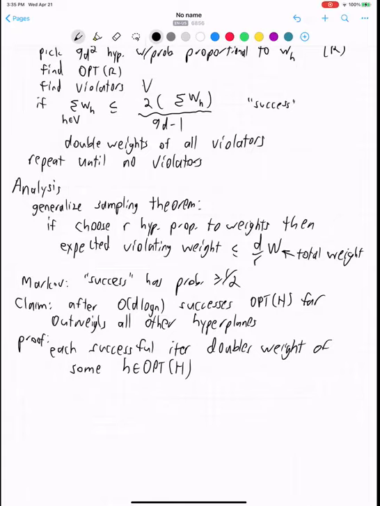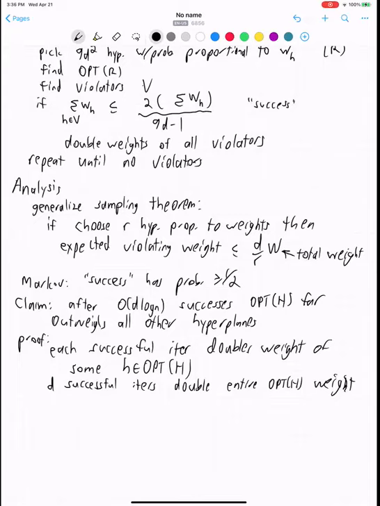So what that tells me is that d successful iterations double the entire optimum weight. In the worst case, if the weight of the optimum hyperplanes is all 1, and I go through and double one of them k times, the worst thing that can happen is that each of them gets doubled once. If I double some of them more than once, it just makes the weight bigger.